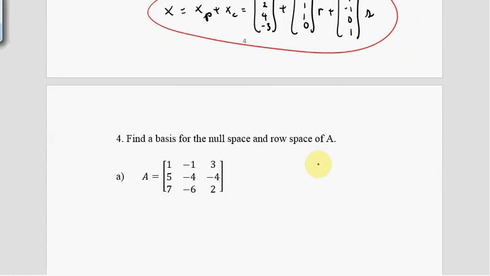Now find a basis for the null space and row space of A. You take this matrix, reduce it down, and it's okay if I did it before, we'll do it again.